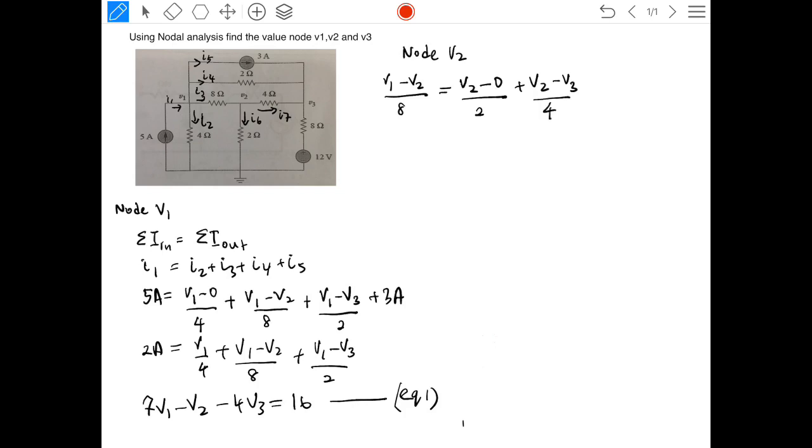So by having this, we can simplify it, and finally we can rewrite it. With simple mathematics we get minus V1 plus 7V2 minus 2V3. So here we go, we have the second equation to be solved.